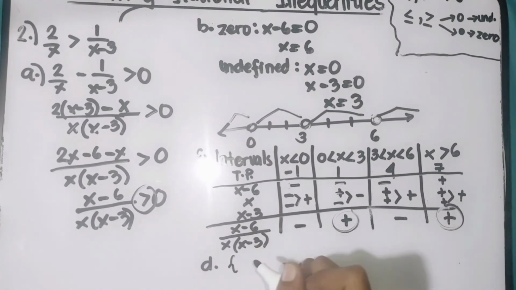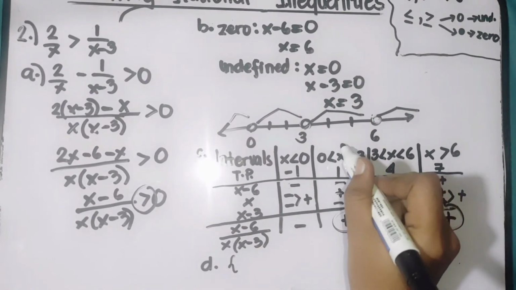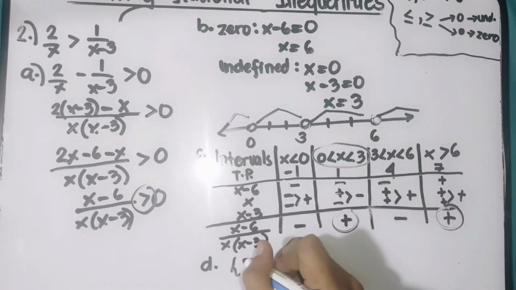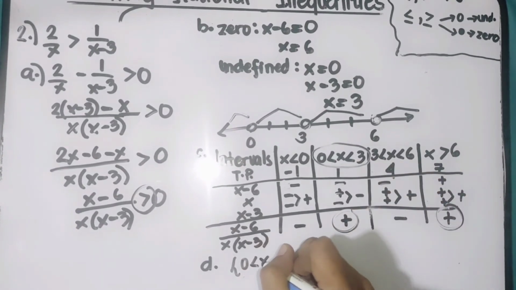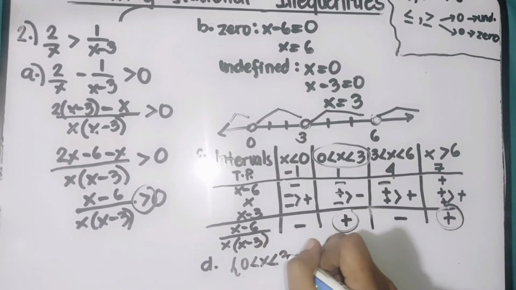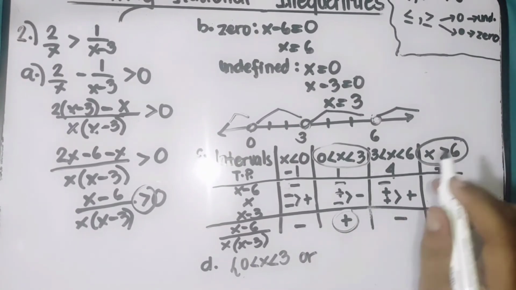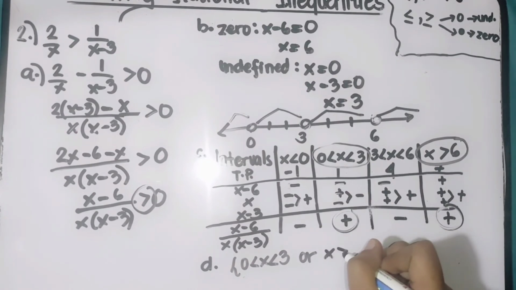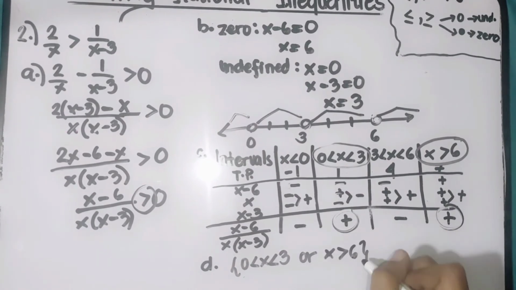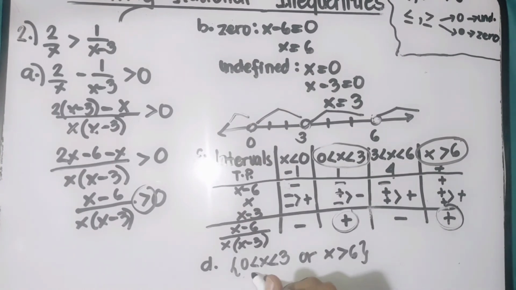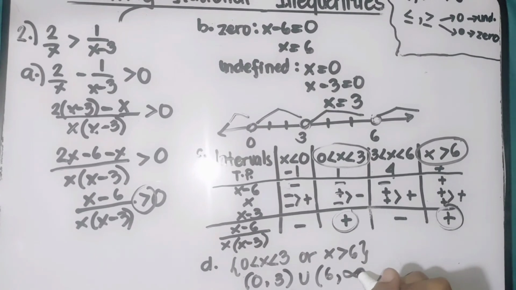For our final answer, we will write this interval: 0 is lesser than x and x is lesser than 3, or this interval, x is greater than 6. In interval notation, this will be 0 until 3, union 6 until positive infinity.